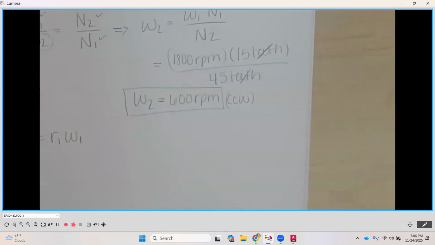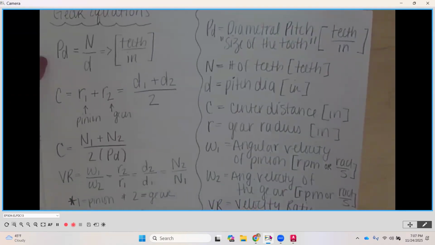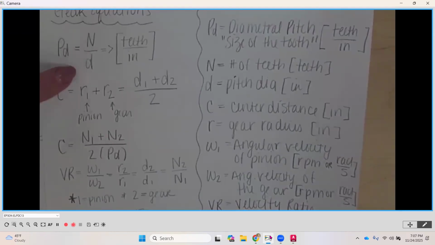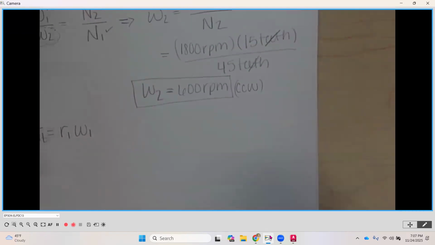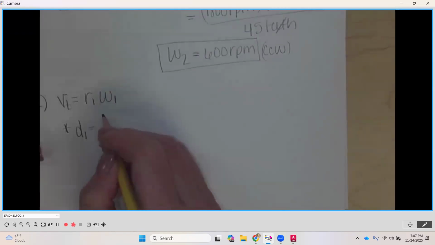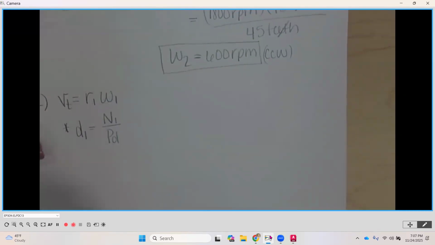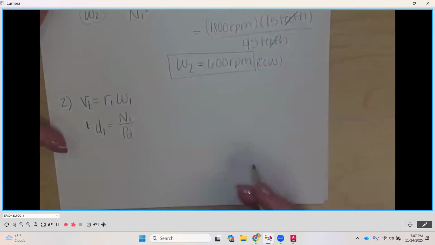To calculate that, I'm going to use that relationship of the diametral pitch is equal to the number of teeth divided by the pitch diameter. So solving for the pitch diameter of the pinion, to find the radius here, I'm going to say D1 is equal to N1 divided by the diametral pitch. It's just rearranging that equation.